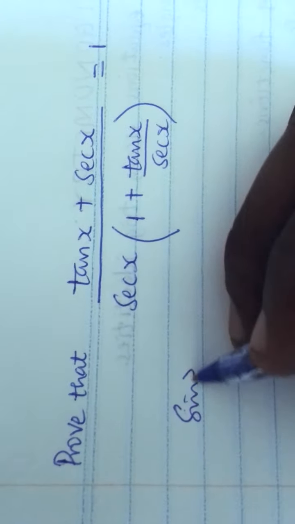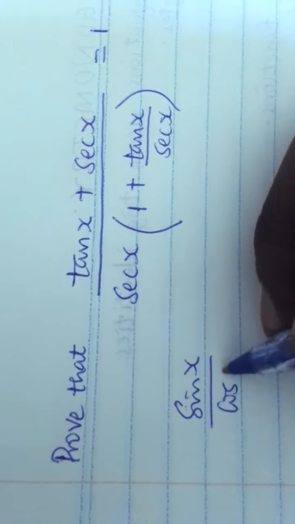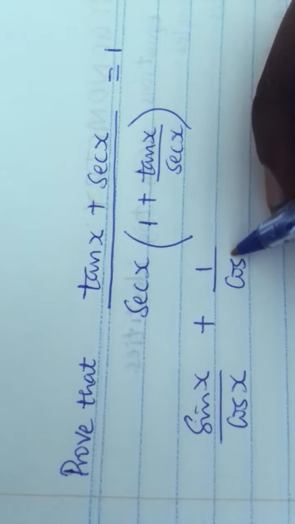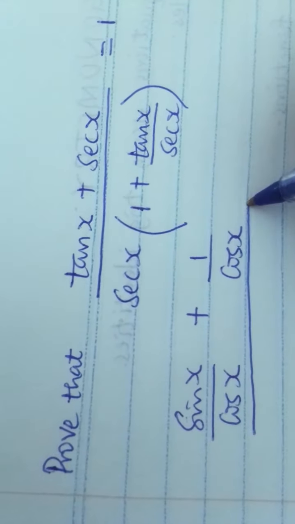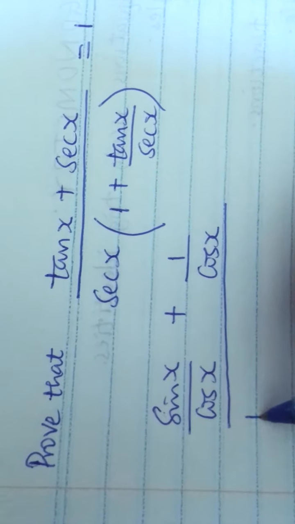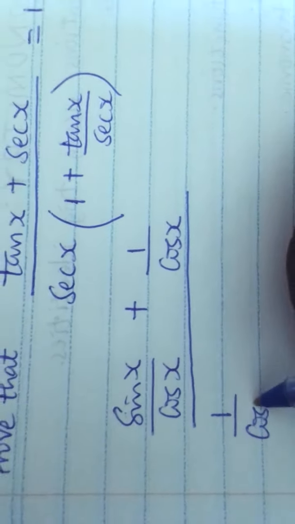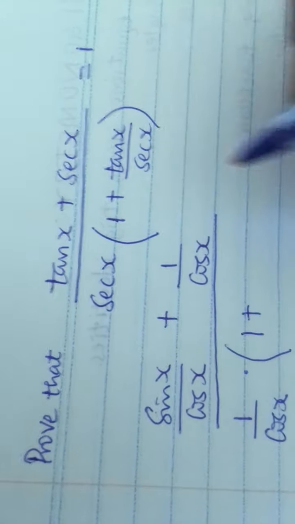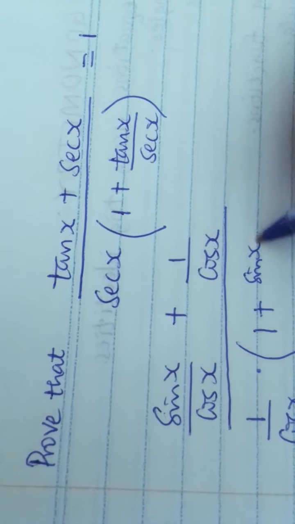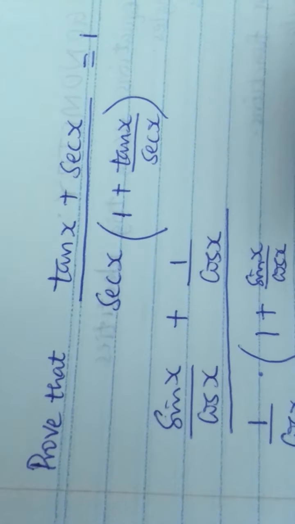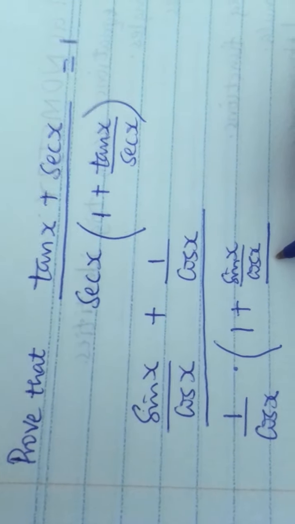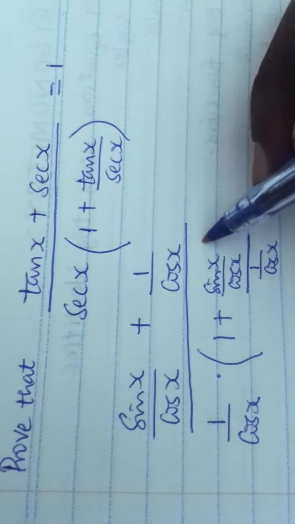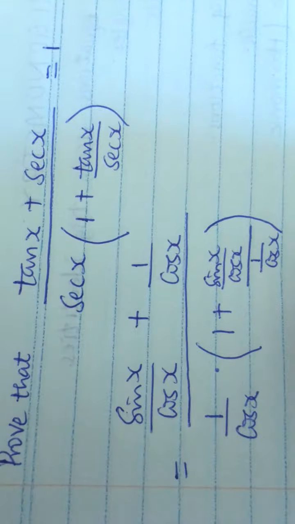So it will be sine x over cos x plus sec, which is the same as 1 over cos of x, then all over sec, which is the same as 1 over cos of x, times bracket 1 plus, now our tan is the same as sine x over cos x, again all over sec, which is the same as 1 over cos of x. So this one will give us what?